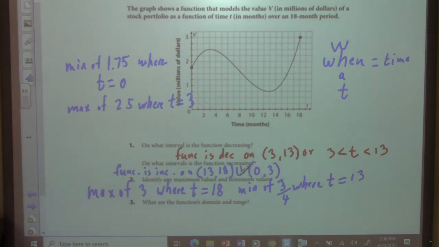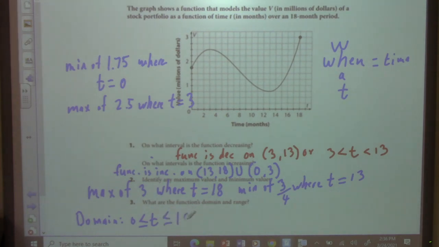Okay, who do we have? Charlie. Okay, Charlie, number 3: what are the functions, domain, and range? I got the domain 0 is greater than or equal to x, which is greater than or equal to 18. So he put an inequality notation, and if I might correct you slightly, Charlie, you said x, I'm going to put t here, because that's what they gave us, right?